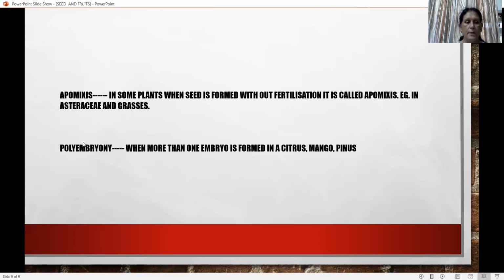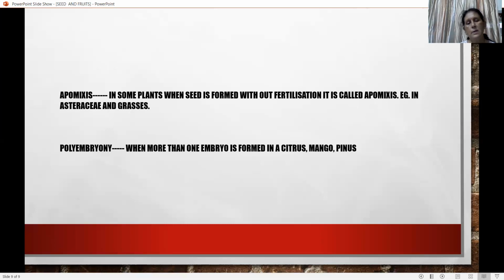There is another term called polyembryony. Poly means many, that means inside an embryo sac or ovule, sometimes many embryos develop from a single fertilized egg or zygote. That is called polyembryony. It is due to various factors, and you can see in the NCERT textbook of class 12 biology why polyembryony is formed.